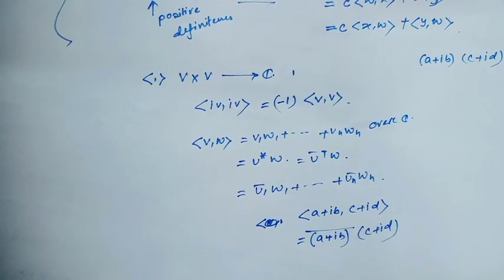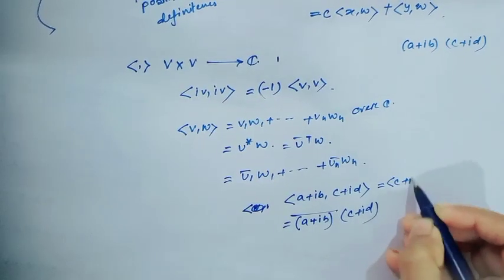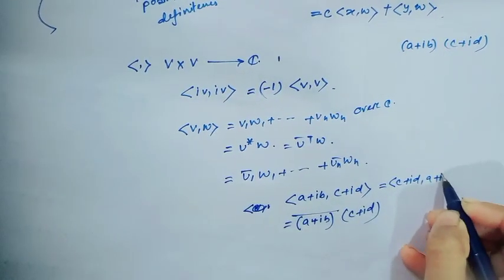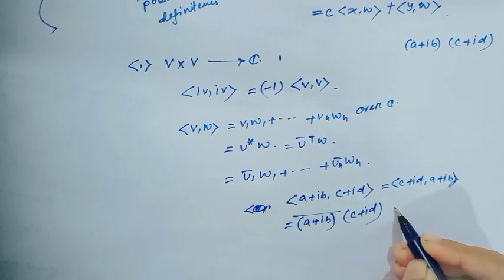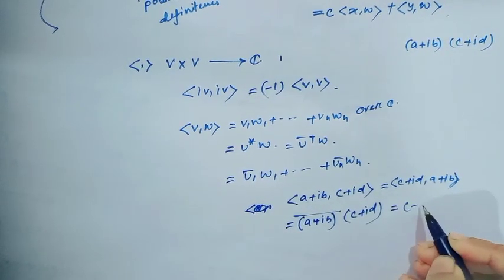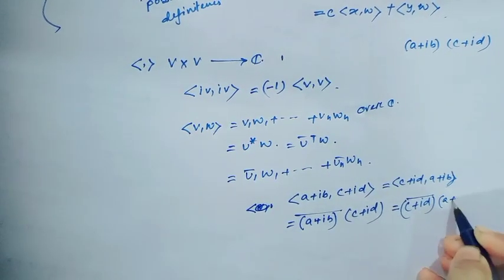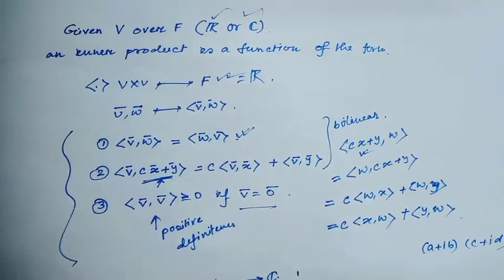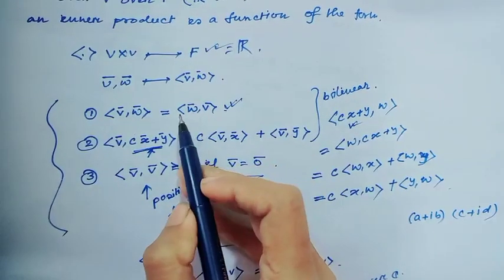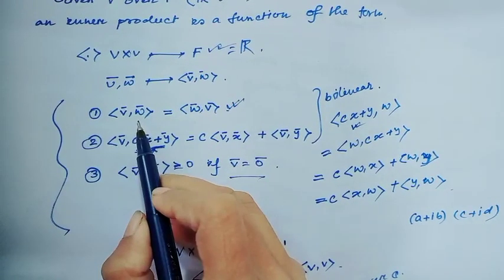This is not equal to inner product ⟨c + id, a + ib⟩, because then this would be conjugate of (c + id) times (a + ib). This is not equal.